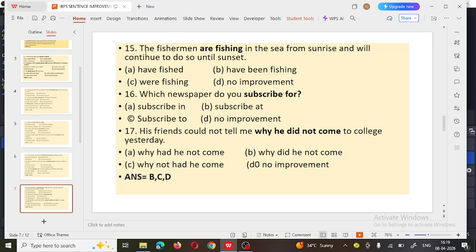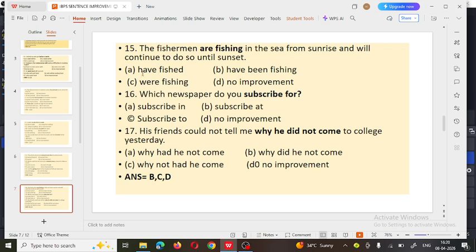If you observe the tense of the sentence, see, the fishermen are fishing in the sea from sunrise and will continue, which means that the action is continued, so that tense must be seen in the sentence, but here are fishing means present continuous is used.